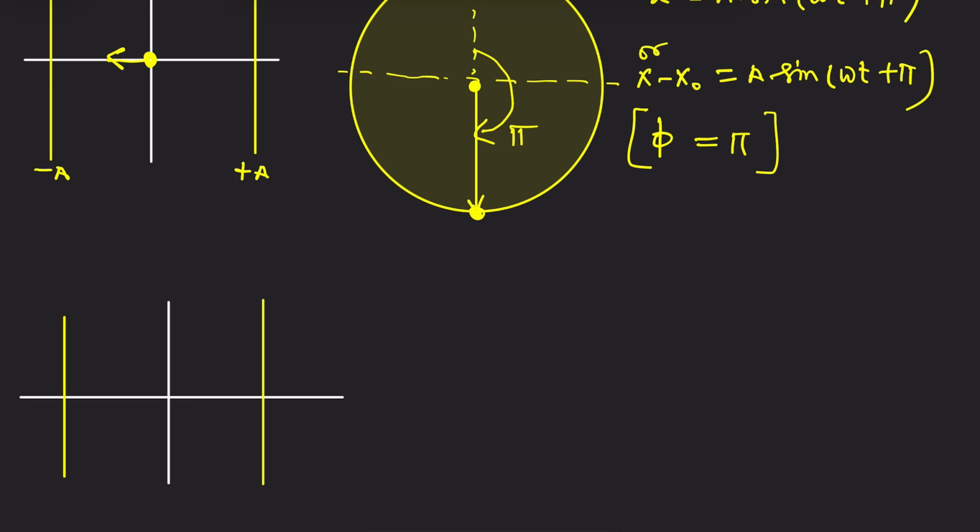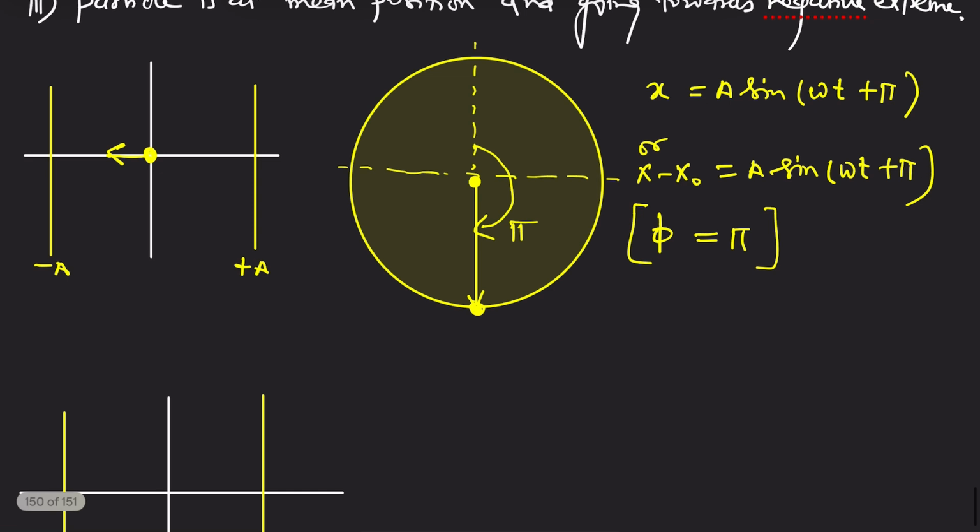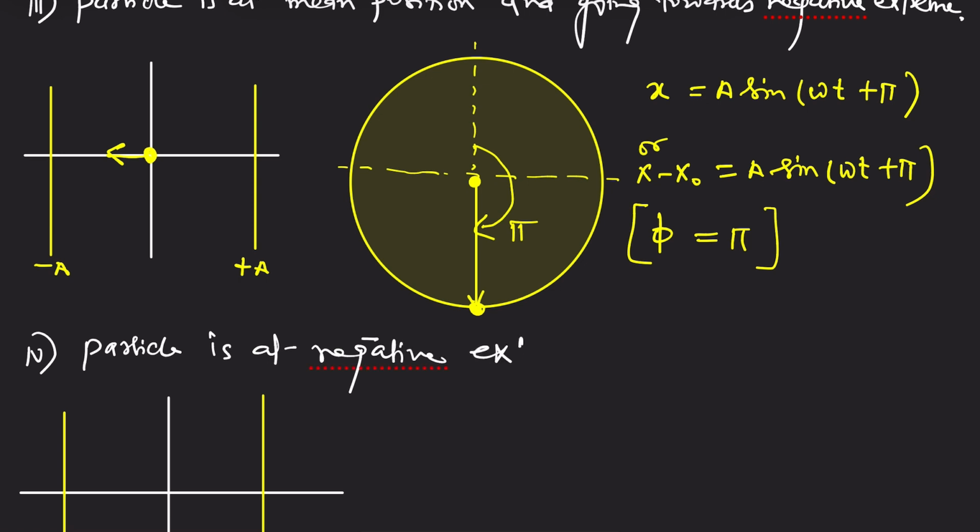Okay, and this will be your plus a and this will be your minus a. So the fourth case guys I forgot to write. So fourth case is what, particle is at negative extreme.